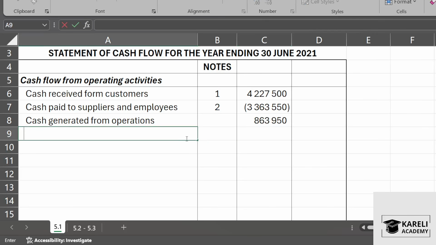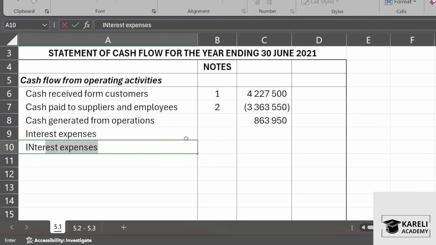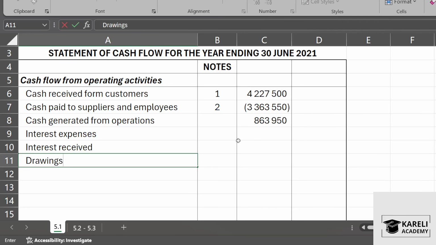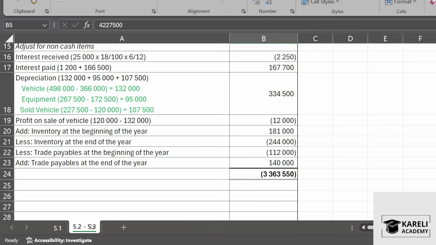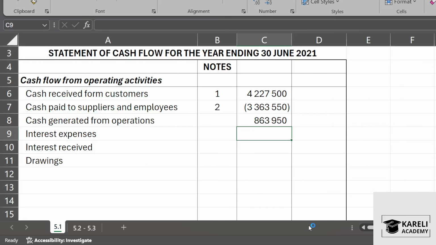Then you will also need the interest expenses, interest received, and drawings. Interest expenses, we have calculated it already.